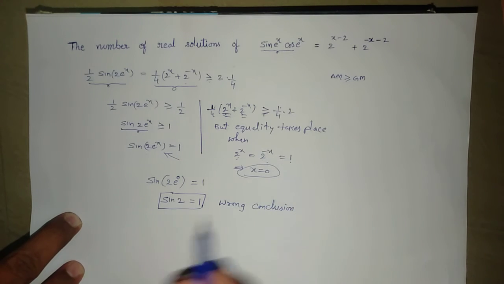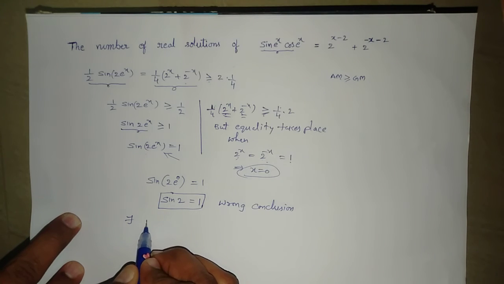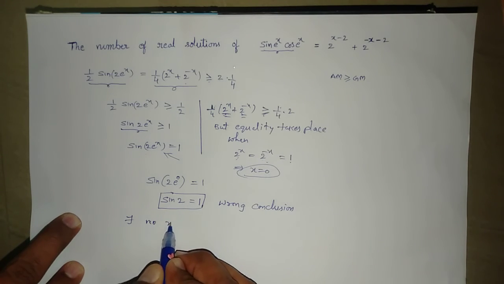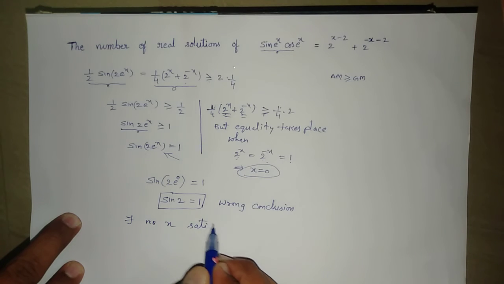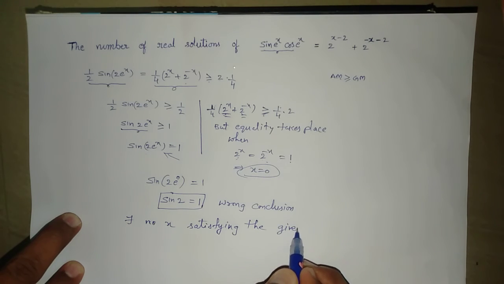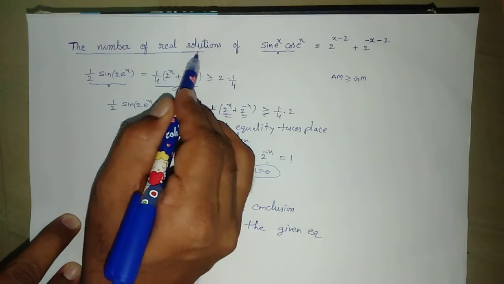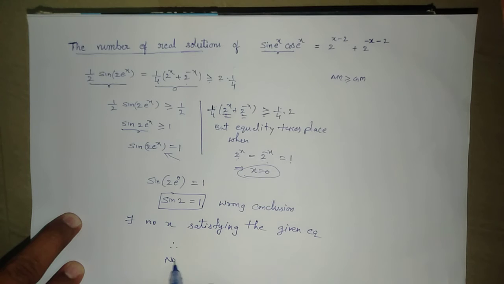It means that there exists no x satisfying the given equation. Therefore, how many solutions can you see here? The number of solutions must be equal to 0.